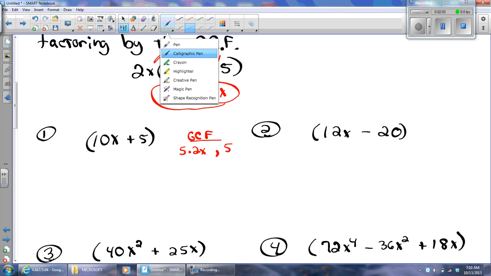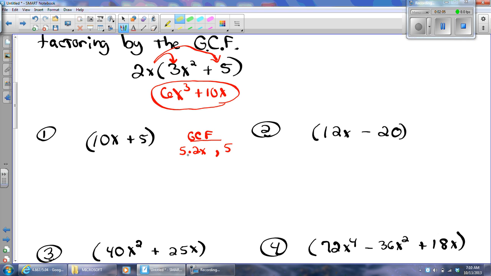It looks like their greatest common factor is 5. I'm going to divide out that 5. I'm not going to throw it away. I'm going to divide by 5 here, divide by 5 here, but the 5 is going to end up outside of the quantity. I'm going to pull it out.